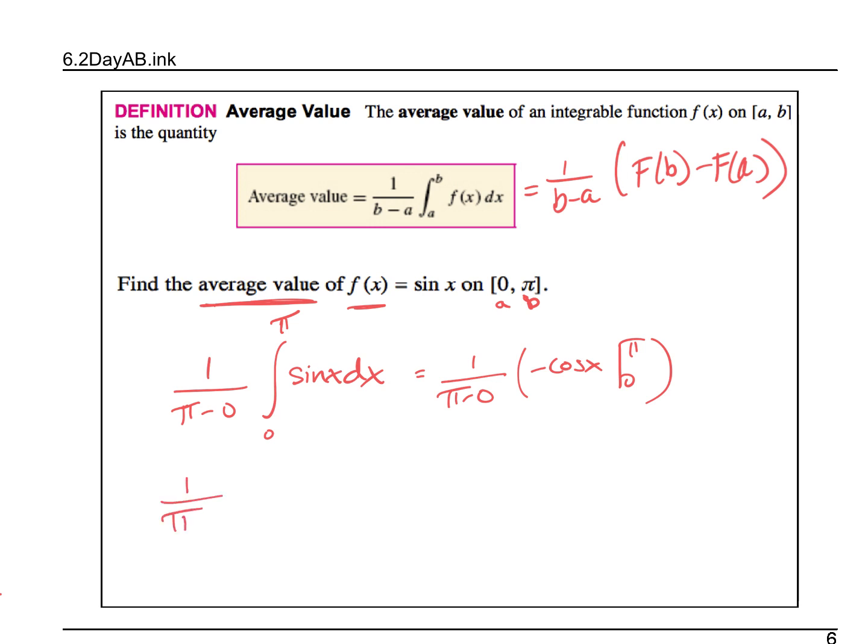So it's 1 over pi times negative cos at pi minus negative, or plus, cos at 0. So you end up with 1 over pi times: cos at pi is negative 1 and then negate it, so it's a 1. Cos at 0 is also a 1, so we get 2 over pi.